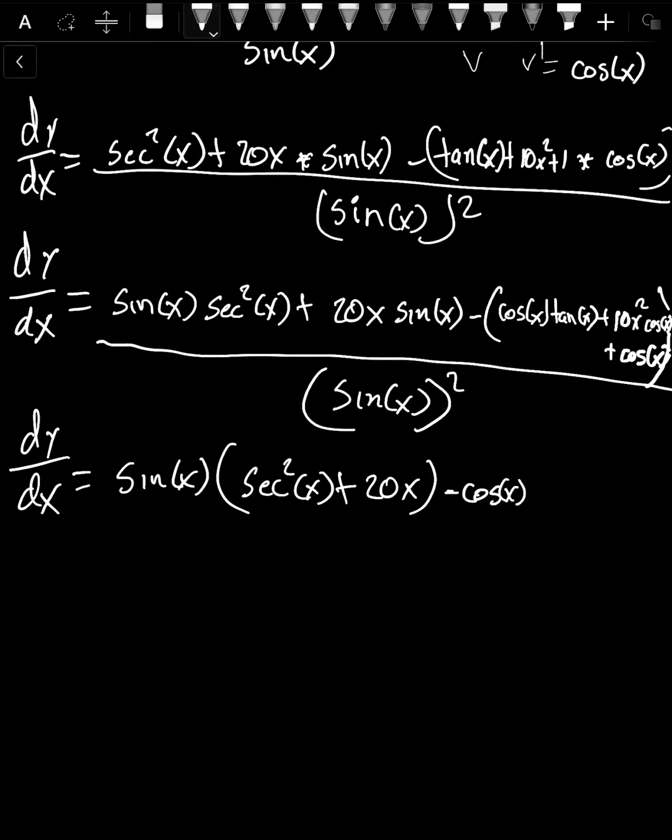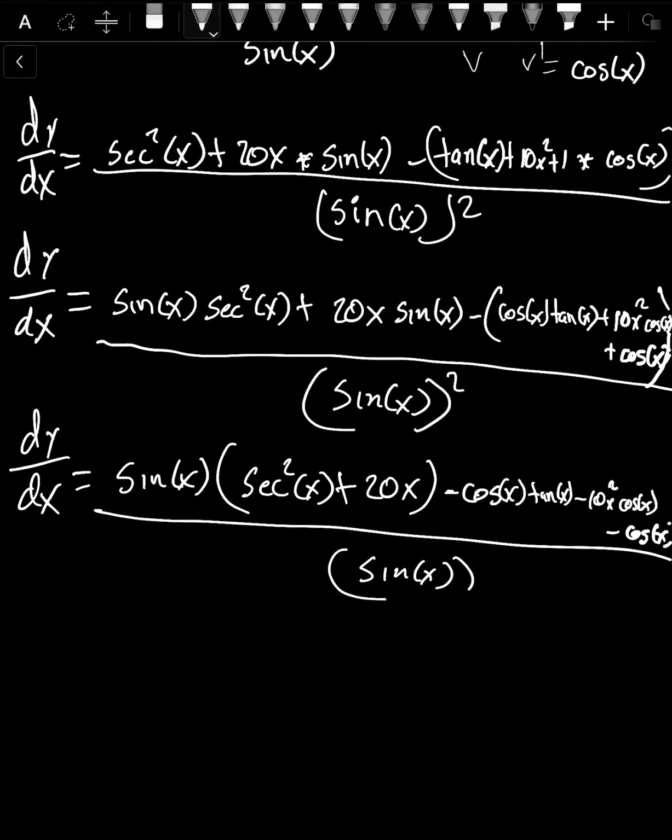So negative times positive is negative cosine of x tangent x. Negative times positive is negative 10x squared cosine of x. Negative times positive is equal to negative cosine of x, right? All these over sine of x squared.